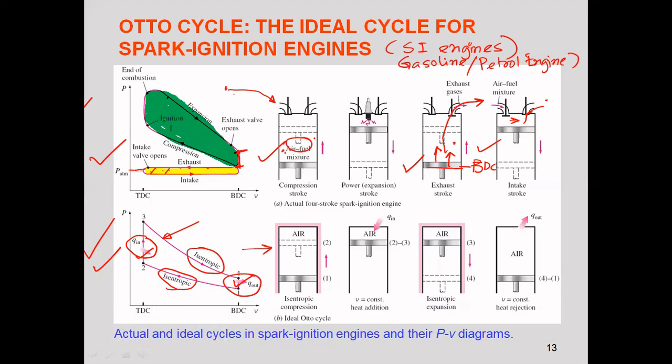So that is why the yellow part may be neglected. But in the actual cycle, that may not be neglected in that way. It may not be negligible actually, but ideally that can be assumed negligible. So that is why in the ideal cycle, we basically discard that part.